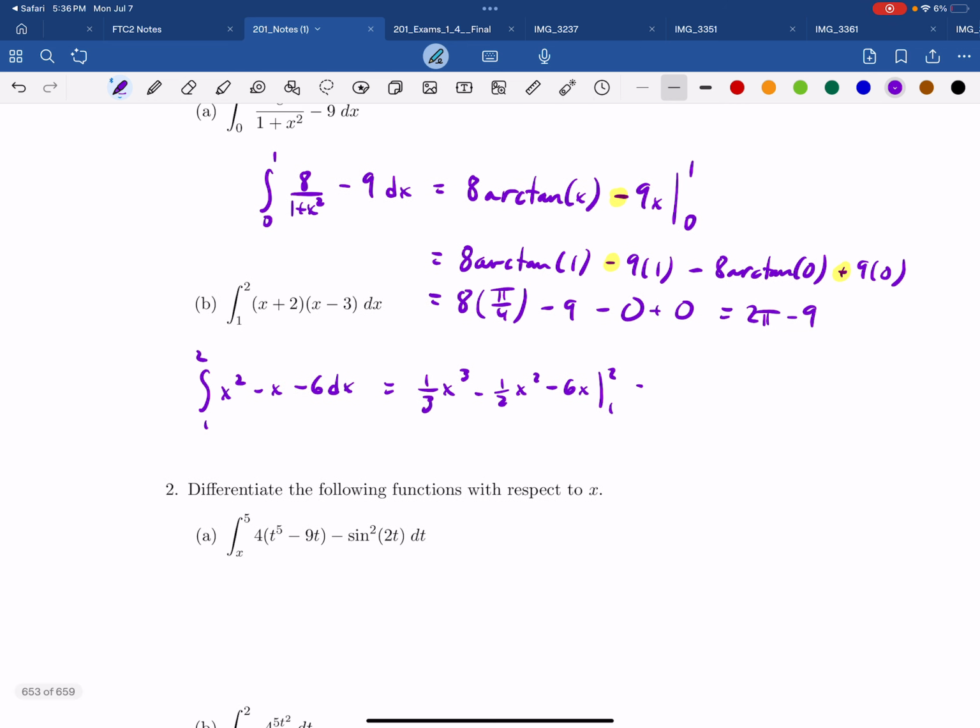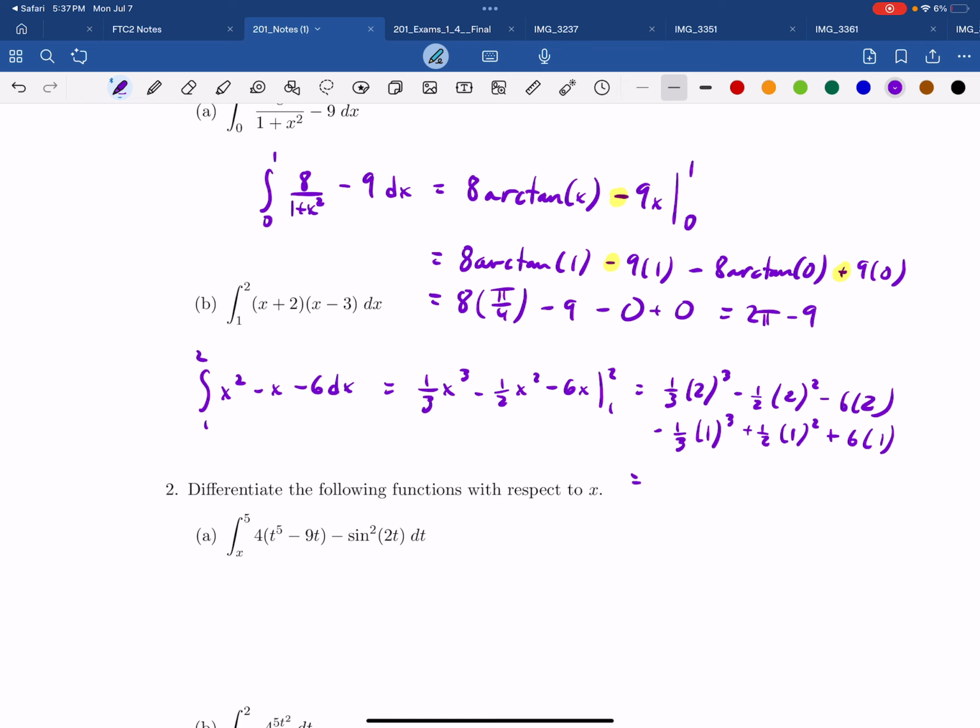So we're going to wind up getting 1/3 times 2 cubed minus 1/2 times 2 squared minus 6 times 2 minus 1/3 times 1 cubed plus 1/2 times 1 squared plus 6 times 1, right? We changed the signs because we're subtracting, right?